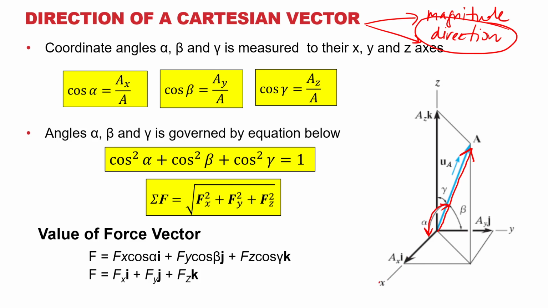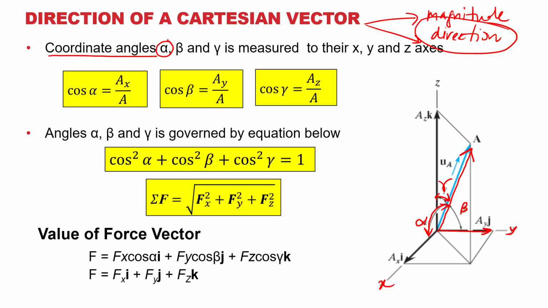If your axis is starting from X, you can call this alpha. When it is defined to the Y axis, we're going to call this beta. And finally, to the Z axis, we're going to call this gamma. So you have alpha, beta, and gamma. These are called coordinate angles.